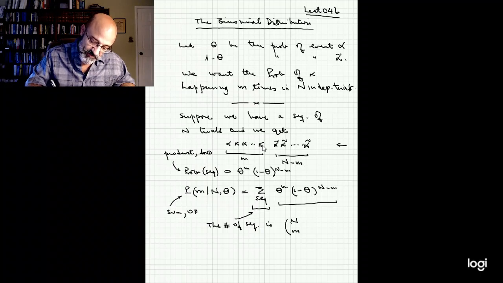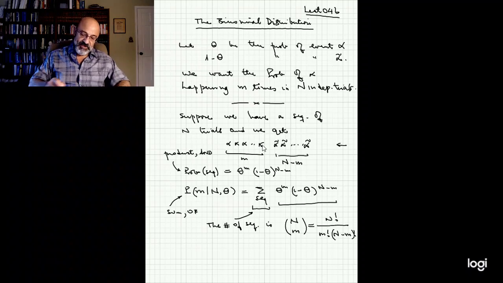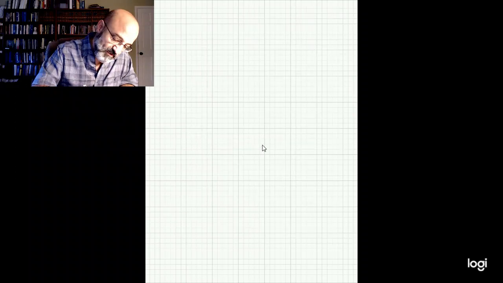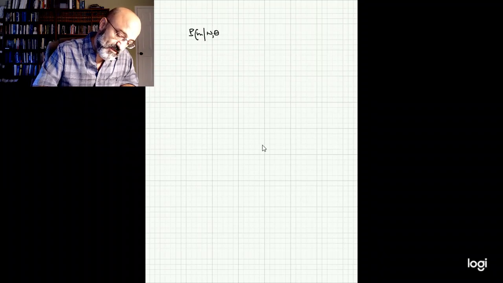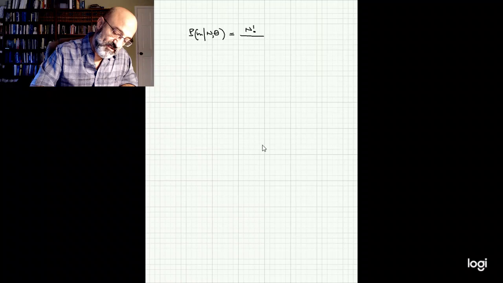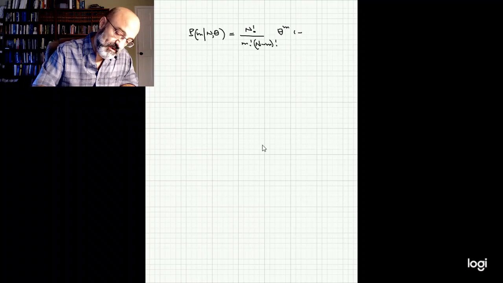And this is N factorial divided by m factorial times N minus m factorial. Very good. So we have a final answer here. The probability of getting m alphas in n trials is given by this combinatorial coefficient times theta to the m times 1 minus theta to the n minus m.